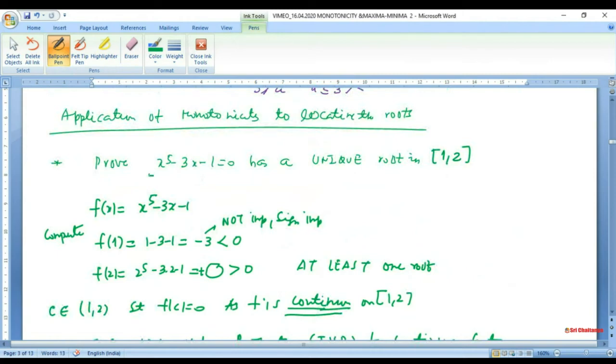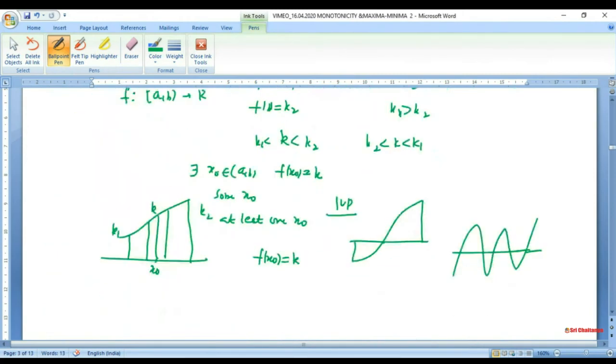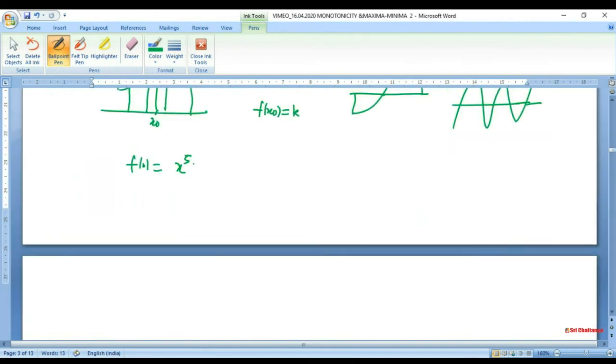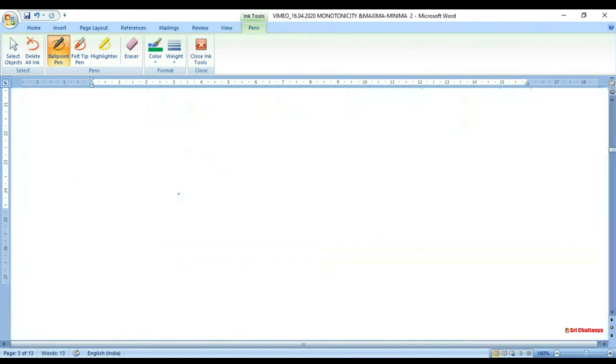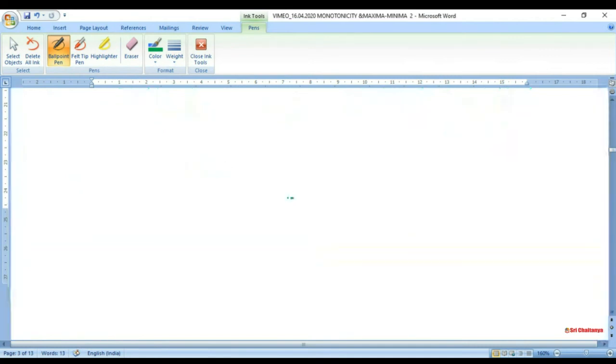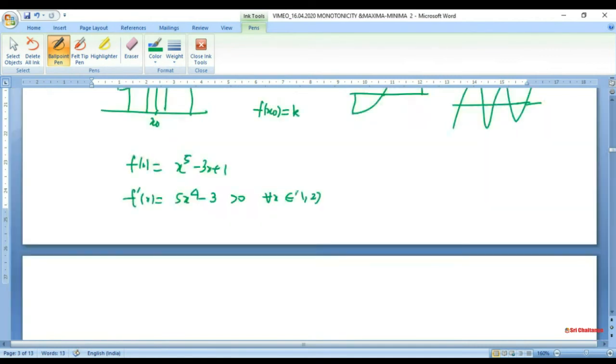So this is the function again, f(x) is x to the power 5 minus 3x plus 1. And if I compute f prime, f prime(x) is 5x to the power 4 minus 3. And this is certainly positive for each x that belongs to (1, 2).